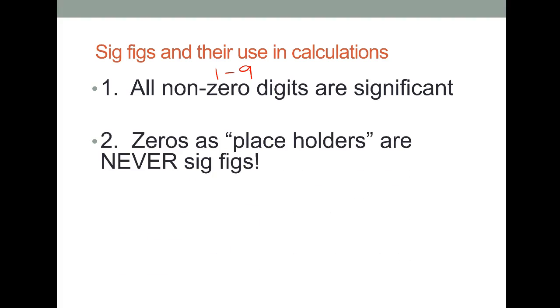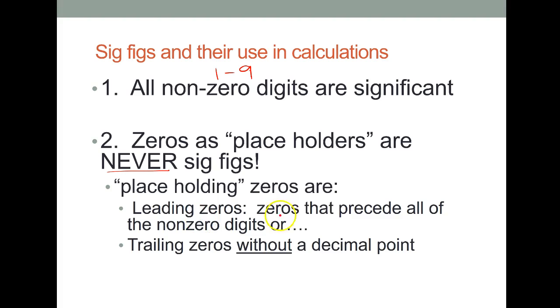If you have a 0 that is a placeholder, it is never a sig fig. Now there's two different kinds of placeholders. Either you have leading zeros that are in front of, to the left of all the non-zero digits. So for example, 0.005. Or trailing zeros without a decimal point, 500.